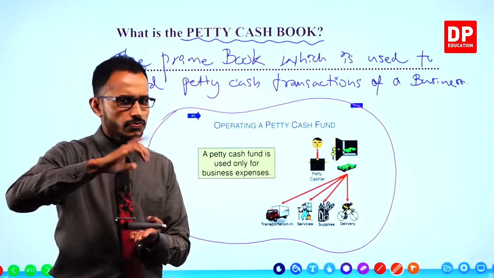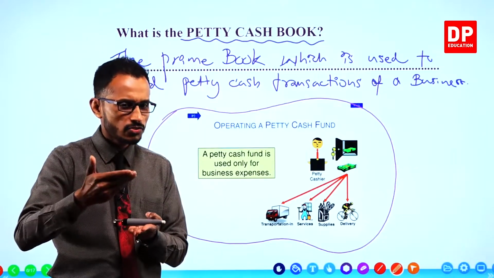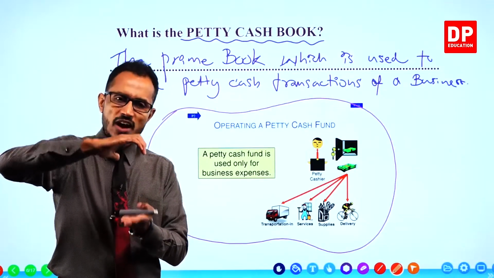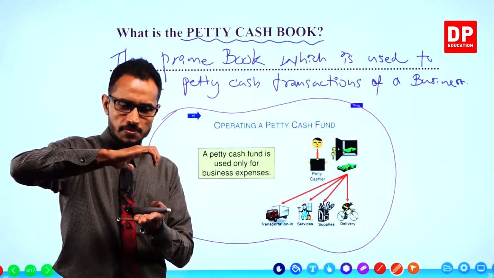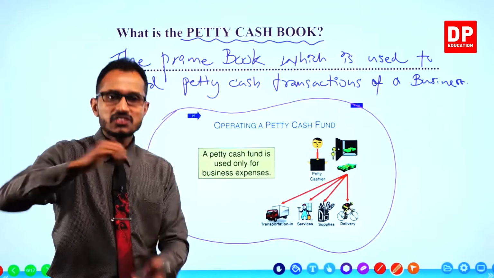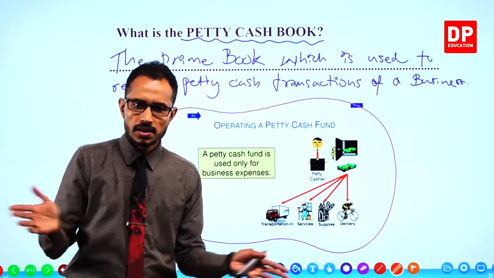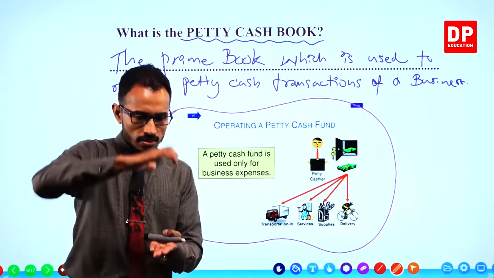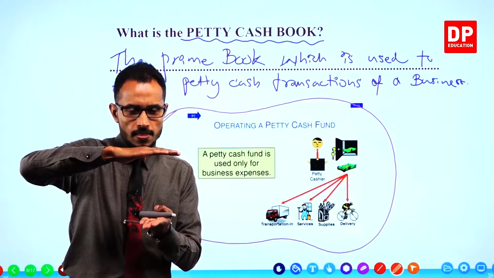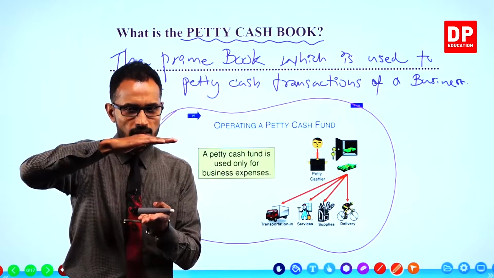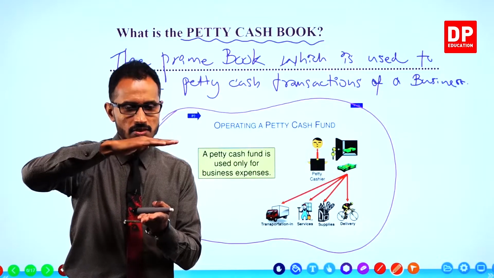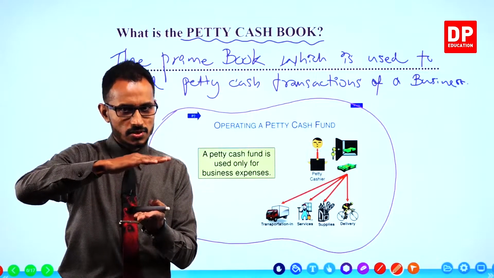At the start of each and every month, this fund, this sum of money, is refilled, because during the month the fund reduces little by little when the petty cashier pays for the expenses.